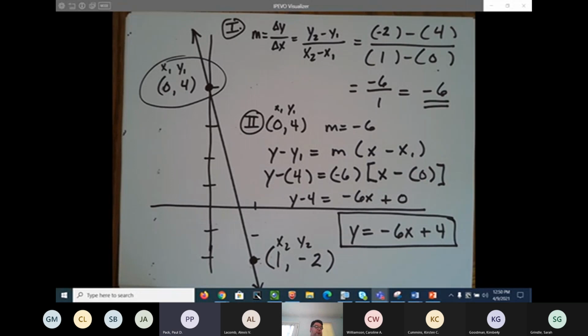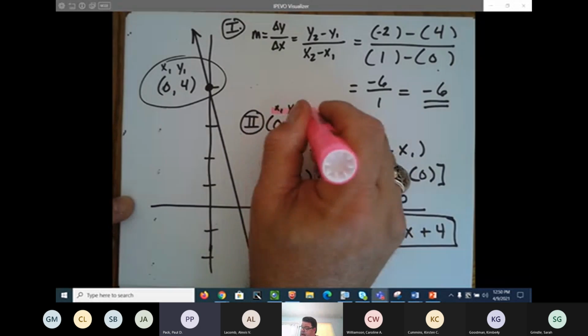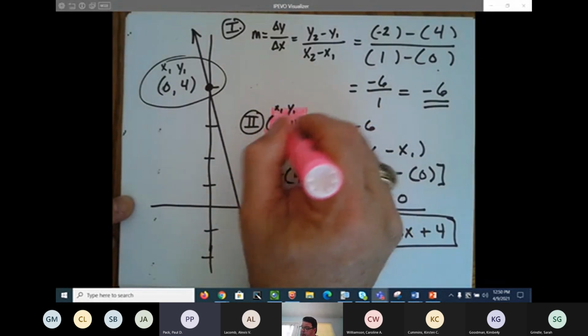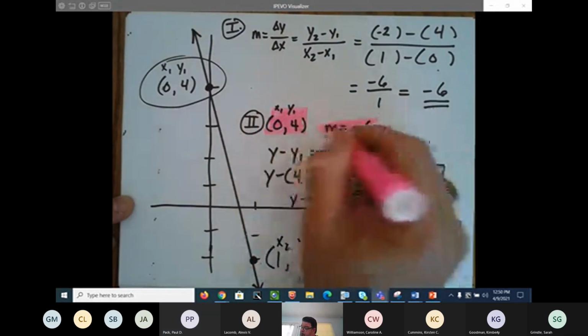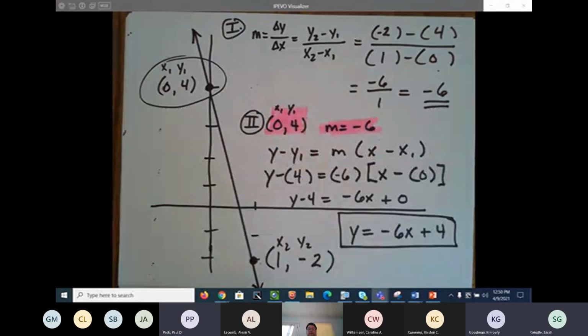In order to use the point-slope equation, you've got to have a point and a what? And a slope. If you don't have a point, you're going to be given one. There's no way you're going to have a question that says find the point-slope equation and they don't give you a point. They have to give you a point or a line or something.